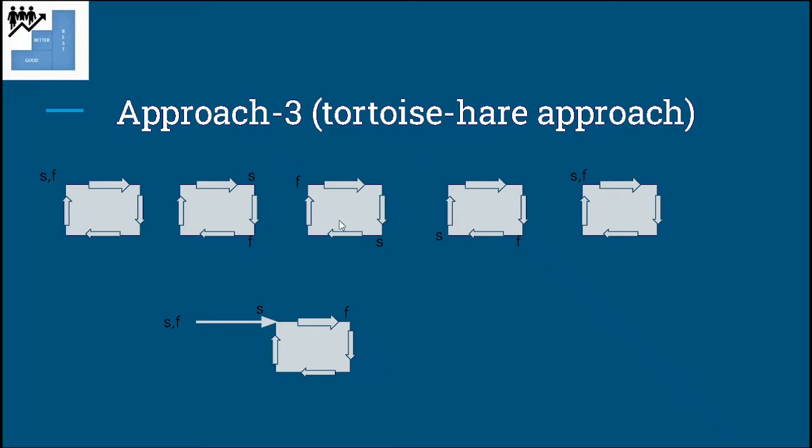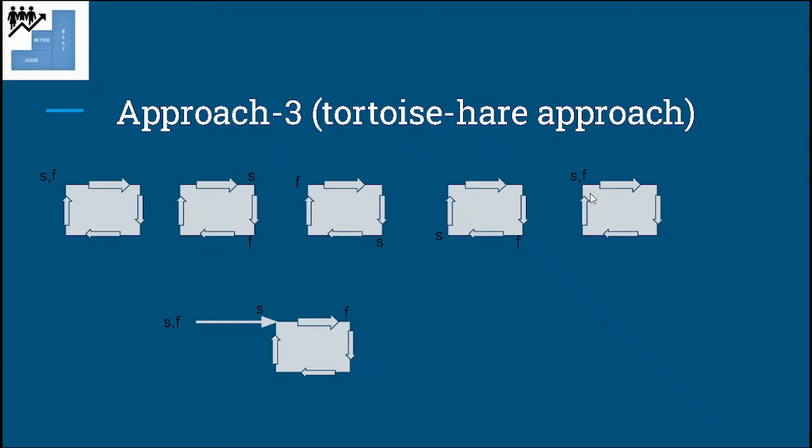So as you can see that after the first instance S is here and F is here. At the second instance, F has covered one cycle because it was just 4 steps long, and slow has covered half of it, right? And then S comes here, F again comes here, and then S and F again meet at this particular point. All right.